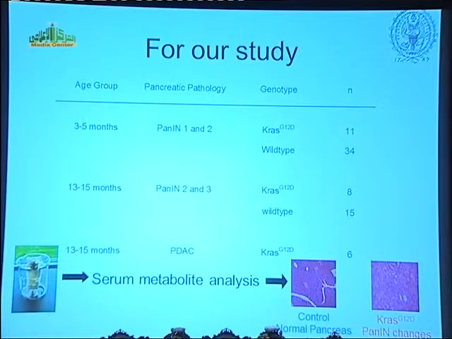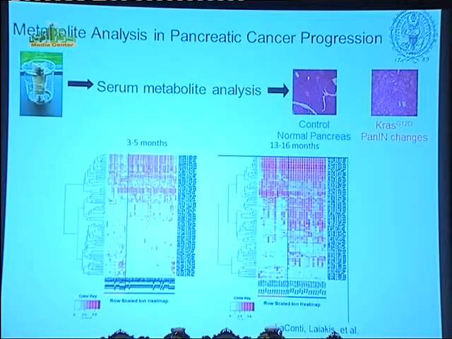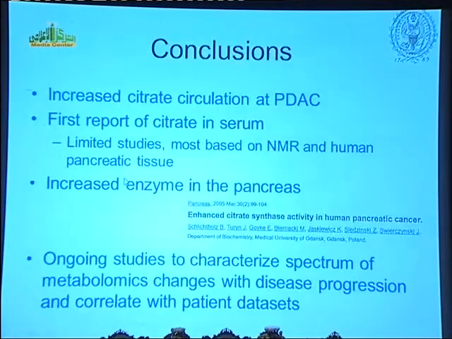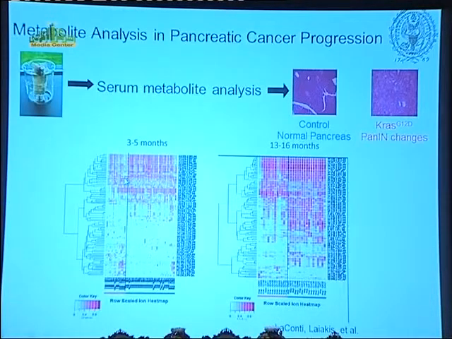What we see here is that we focused primarily on serum metabolite analysis. We also carried out urine metabolite analysis, as well as assessing changes in the tumor per se. If we look at the serum metabolite analysis, on the left we have the control mice.